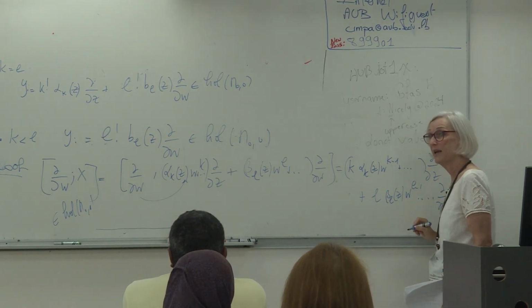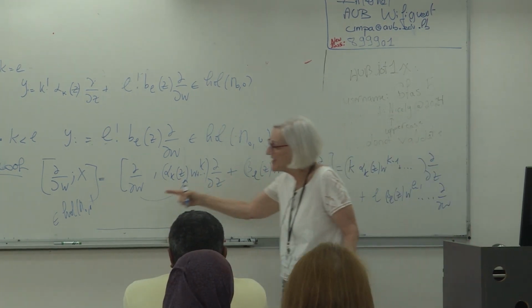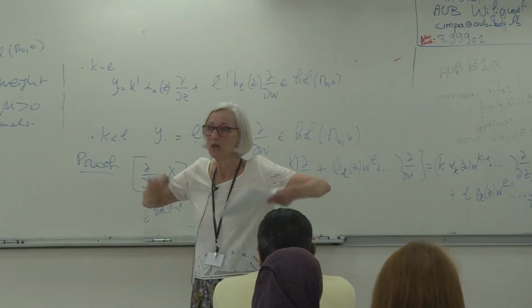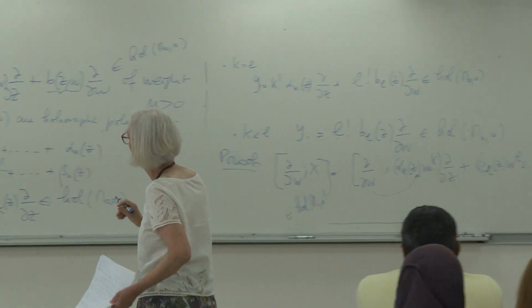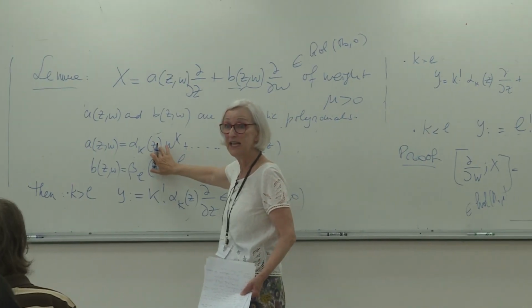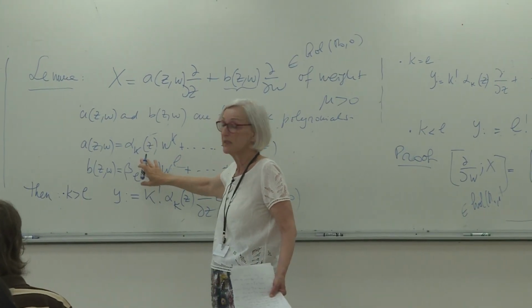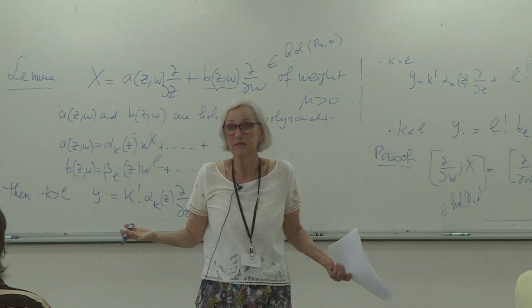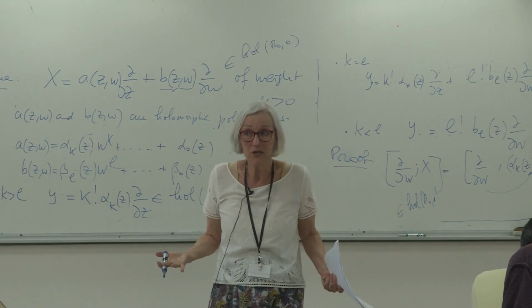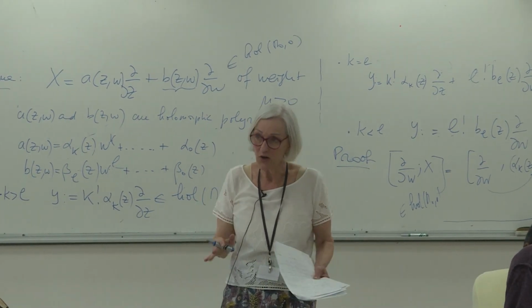But since it's in all of Holm M0, I'm allowed to repeat it until I get to the higher power. And then finally, depending on who is the biggest one, I get rid of all the W. And they are in whole Holm M0.